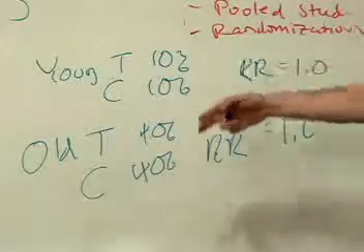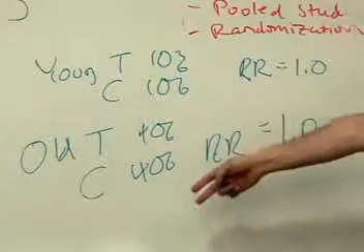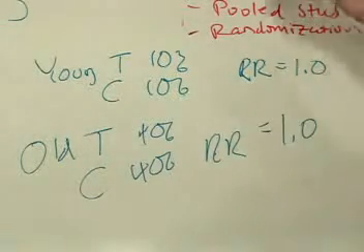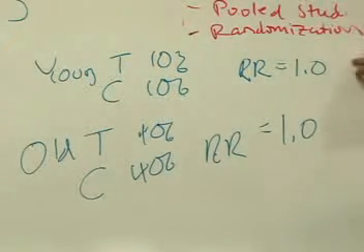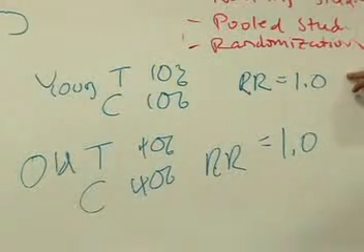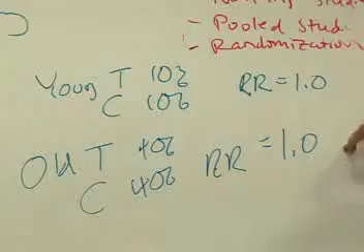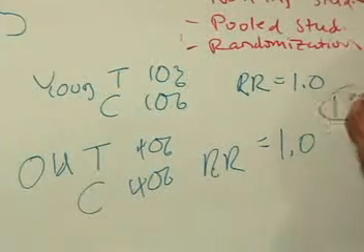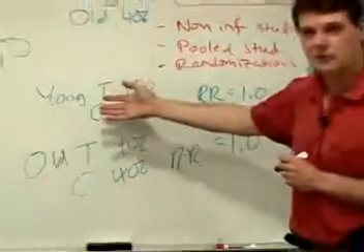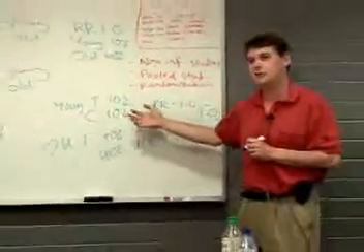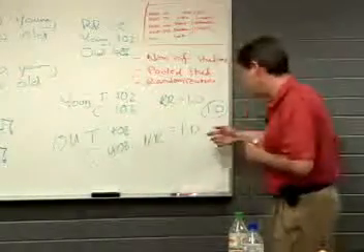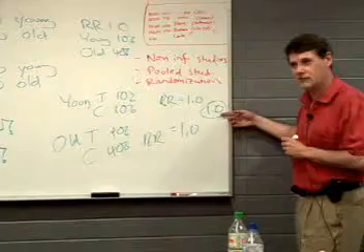So, once we have created prognostically homogeneous groups, we get at the truth. And we can then combine the relative risk in the young people and the relative risk in the old people to get an overall relative risk of 1.0. So, conceptually, this adjusted or stratified or covariance analyzed result gives the truth.